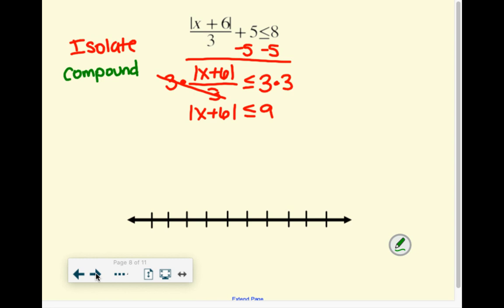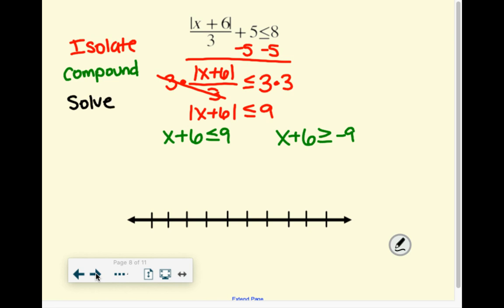All right, that means I have x plus 6 is less than or equal to 9, as it is already. Then I'm going to keep the x plus 6, change the other side to -9, and as I change that sign, I change my inequality symbol to go the other way. And my last step is to solve.